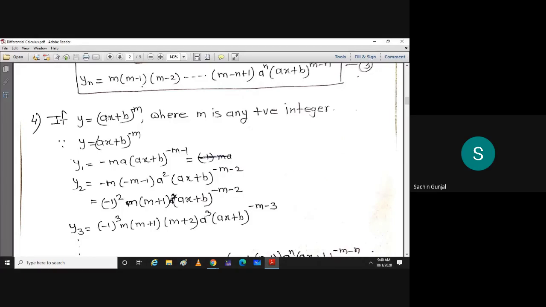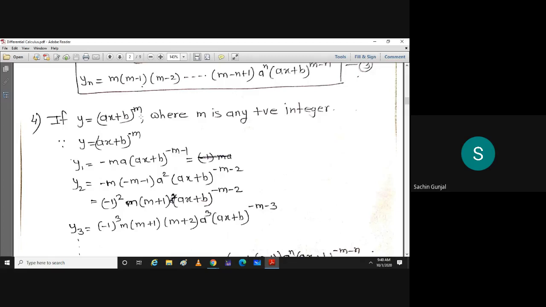So y is equal to ax plus b raised to minus m, and m is a positive integer. The particular example of this kind is 1 upon 2x plus 3 raised to 5.